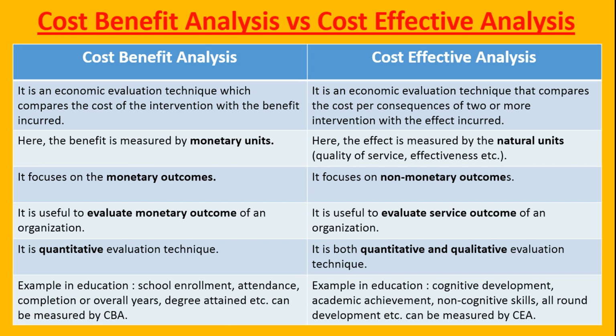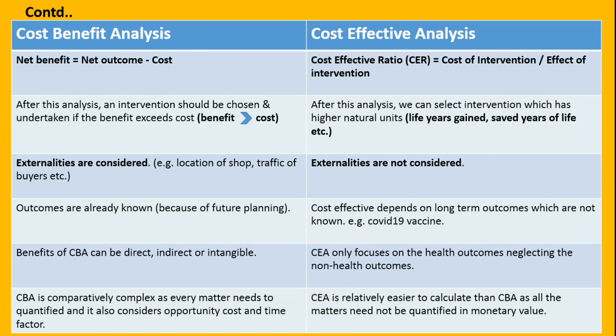Then, an example of cost benefit analysis in education: school enrollment, attendance, completion of overall years, retention, degree attained, etc. can be measured by cost benefit analysis, whereas cognitive development, academic achievement, non-cognitive skills, all round development, etc. can be measured by cost effective analysis.